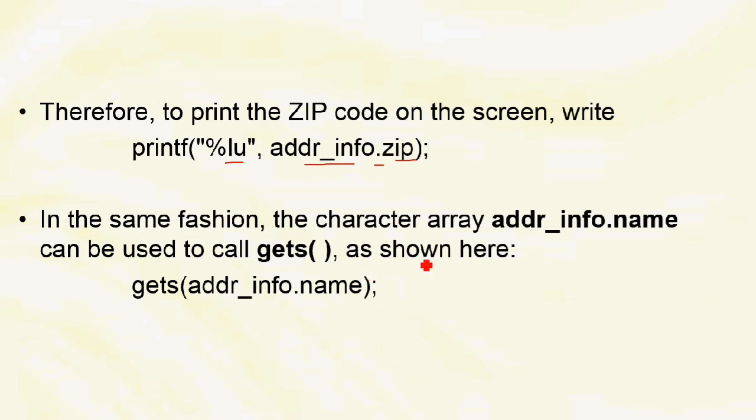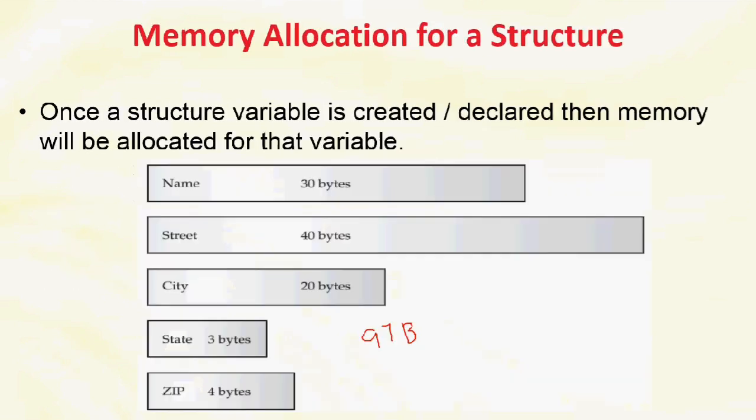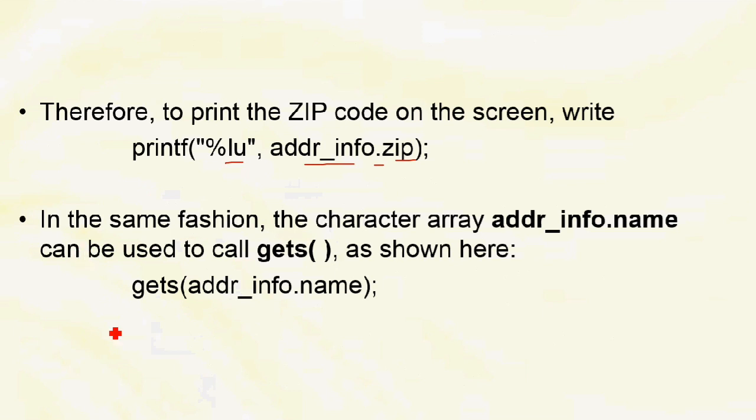Similarly, if I want to get a name value for this structure, you can use this format. Either you can use scanf or you can use gets to get a string. This is the name of the structure variable, and then the dot operator, and this is the name of the structure member.